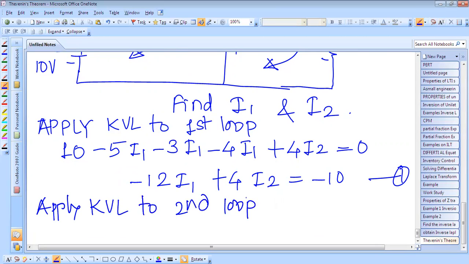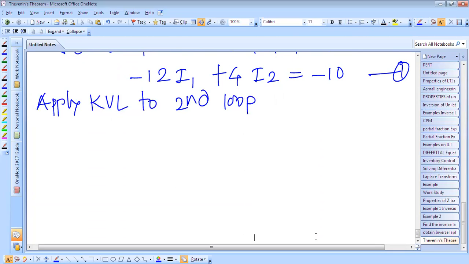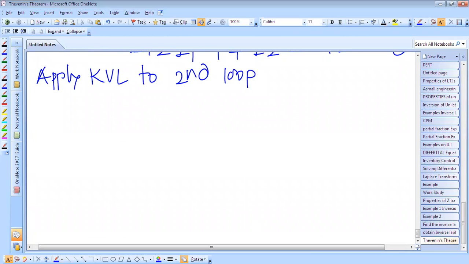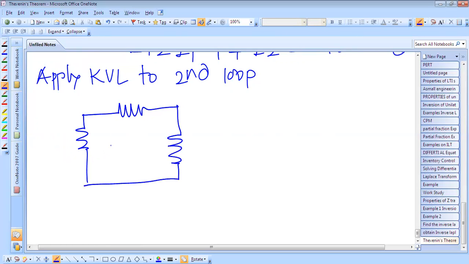Okay. So the second loop, we have the second loop like this. This is 4 ohm. This is 3 ohm.